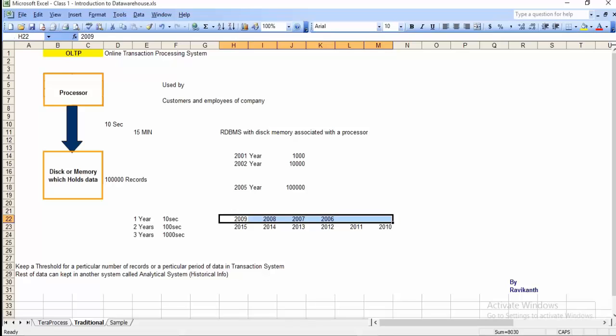You can move it into another system so that you can handle only these 5 years of the data efficiently. The historical data from 2009 to 2001 can be moved into some other system.